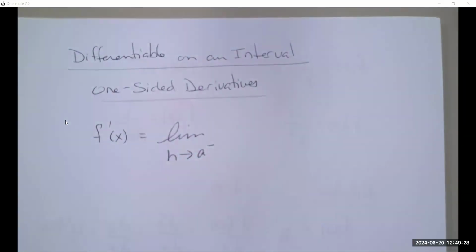So I could take derivatives at specific side directions if I go for the left side or for the right side.